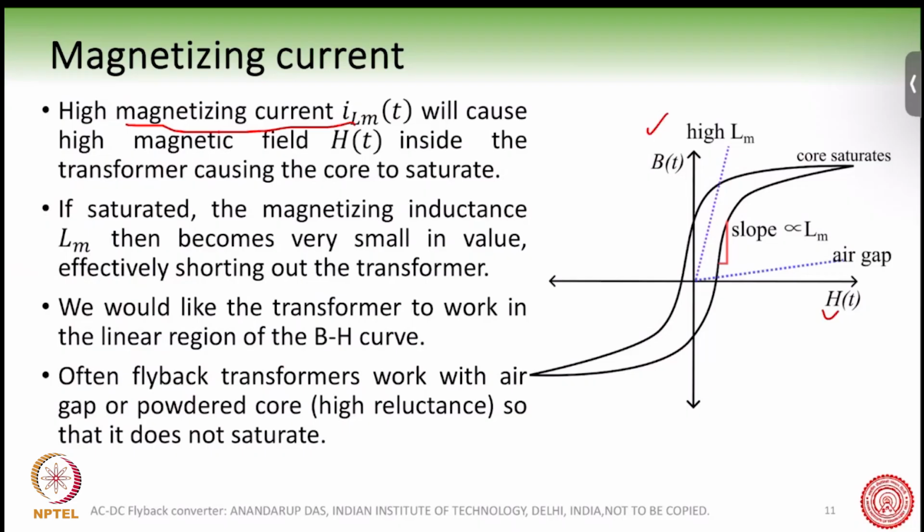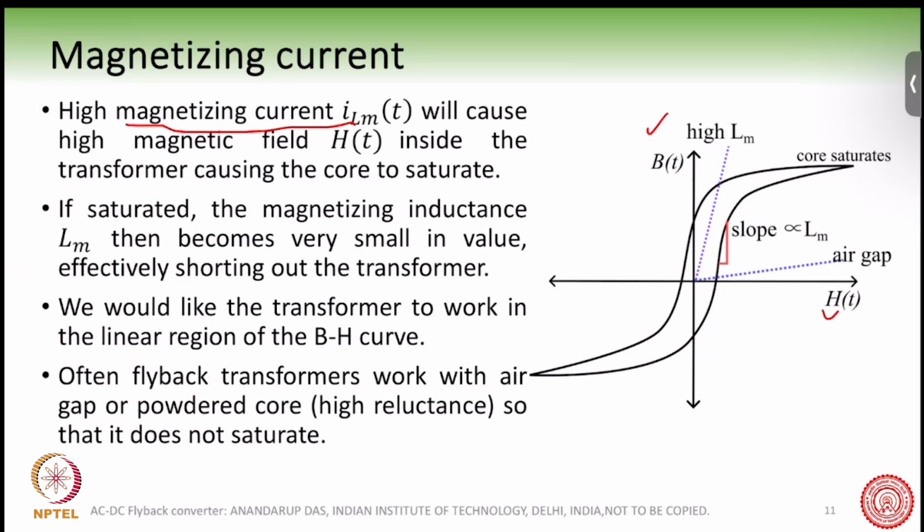So when H is going high, when you allow the current to flow in the winding, basically you are creating a magnetic field, right? When the current is flowing, you are creating a magnetic field, and the magnetic field intensity H therefore increases.